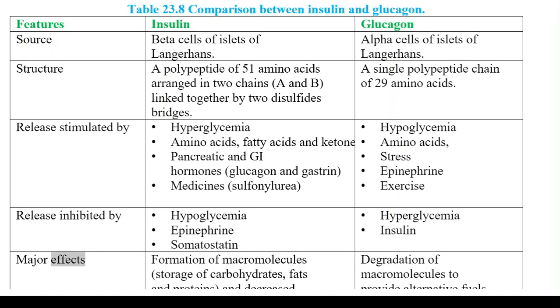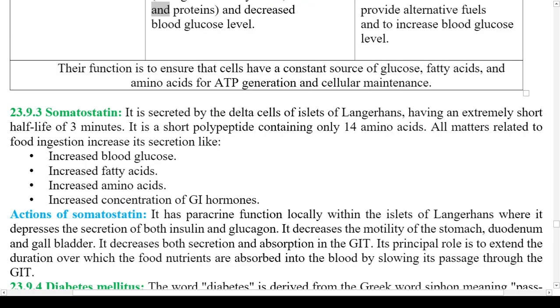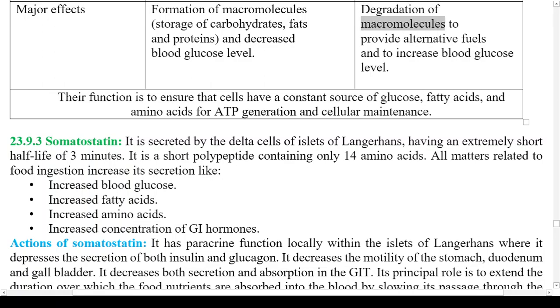Major effects: formation of macromolecules, storage of carbohydrates, fats, and proteins, and decreased blood glucose level; degradation of macromolecules to provide alternative fuels, and to increase blood glucose level. Their function is to ensure that cells have a constant source of glucose, fatty acids, and amino acids for ATP generation and cellular maintenance.